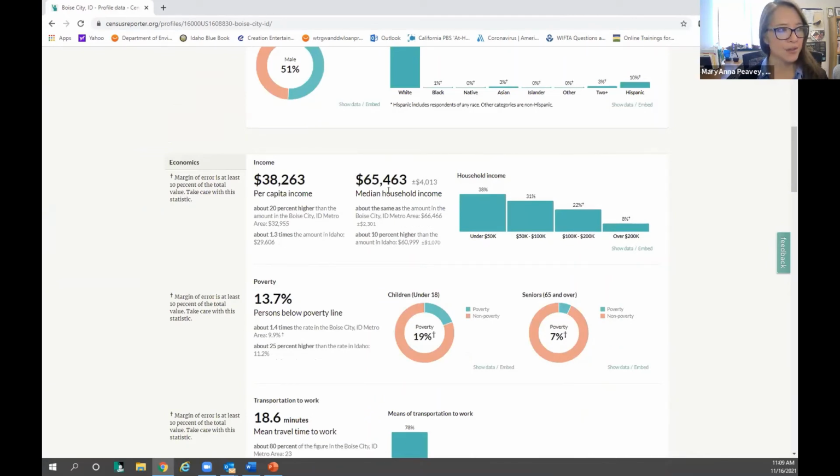So you'll enter this into your letter of interest if you're doing City of Boise, and you'll put in 65,463. Now you can print off this screen here and provide it with your letter of interest so we can confirm that that's your median household income.